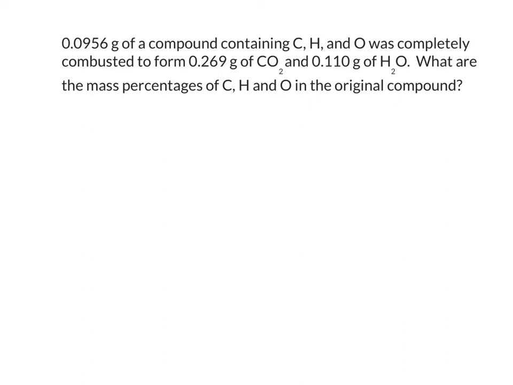So we can start with the carbon and the hydrogen. If the original compound contained X amount of carbon relative to Y amount of hydrogen relative to Z amount of oxygen, and we burn it in enough oxygen to completely combust it, we will form X CO2s, because every carbon is going to combine with two oxygens to form a CO2.